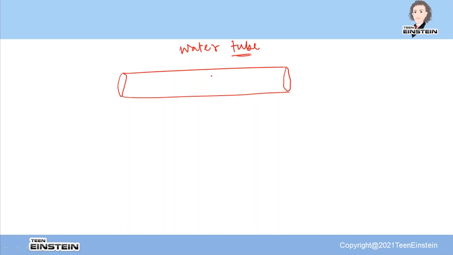Suppose this is a water tube, and the flow of water is like this.